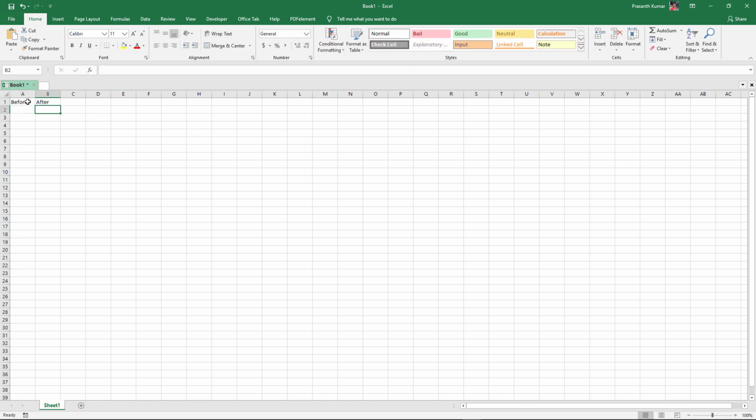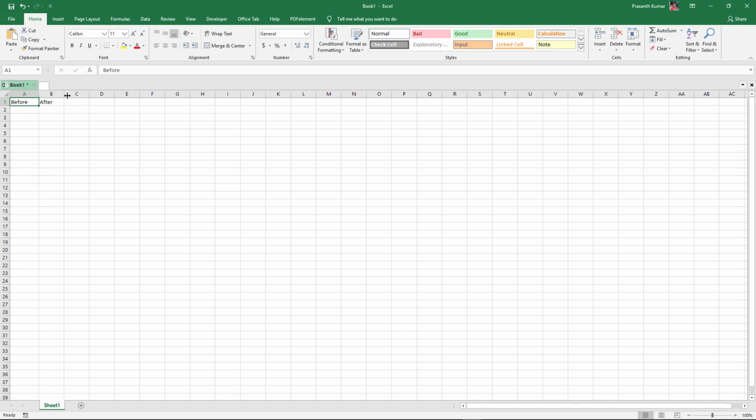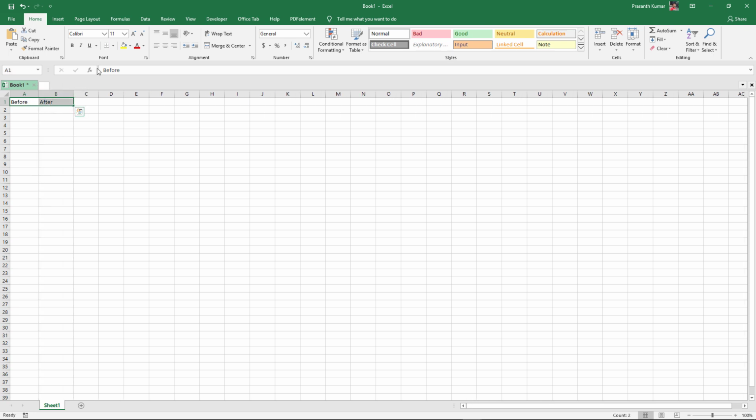That means this column represents the respondents of customers before the advertisement campaign, and this column we are going to record the responses of the customers after the advertisement campaign. Here I'm recording 1 as they are using brand A before, and 0 they are using other brands. So 1 represents brand A, 0 represents brand other.